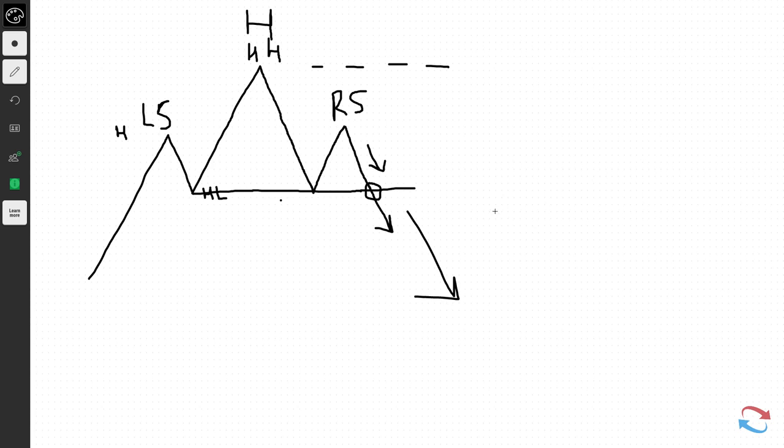So you may get something like this, where prices are making higher highs, higher lows, and then you get a pullback, you get a failure on the right shoulder, and then what traders will do is look to trade the break of this level.